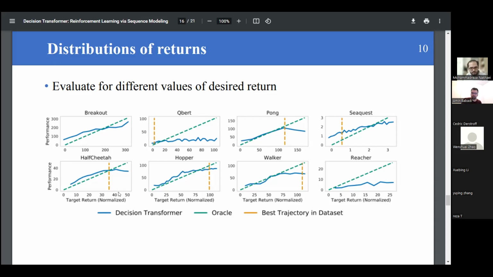But in other environments, the worst case I think is the Walker environment, where we have a trajectory with a return of roughly 110, but the performance of decision transformers cannot go beyond something like 95 or 90, I think. But overall, there's a correlation between the target return and the return the agents can obtain.